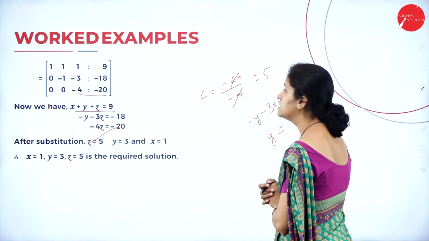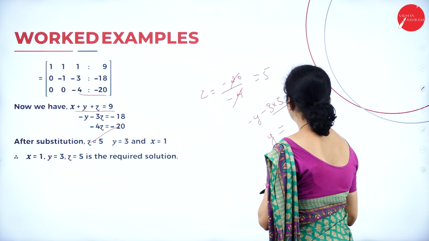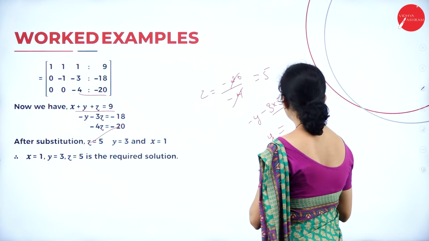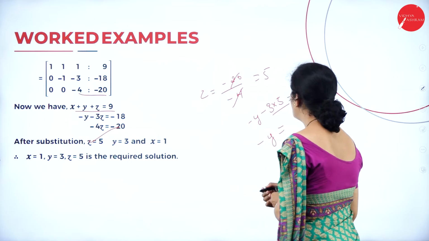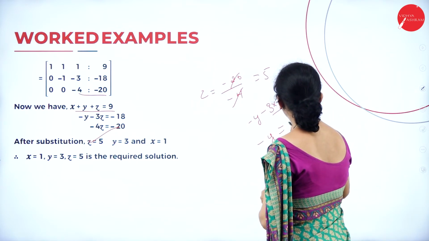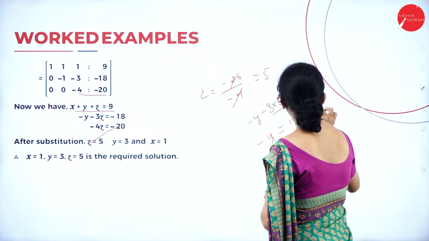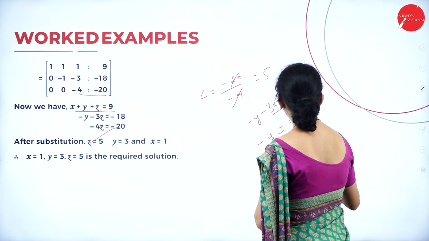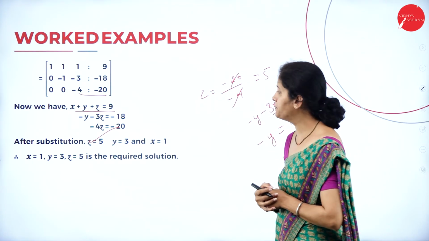After substituting z, it is 18. So, 3 into 5, how much? Now, I want to find out minus y equals 18 minus 15. So, y equals 3. The answer is y equals 3.